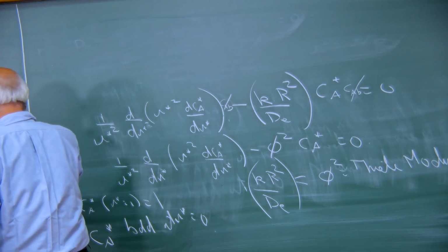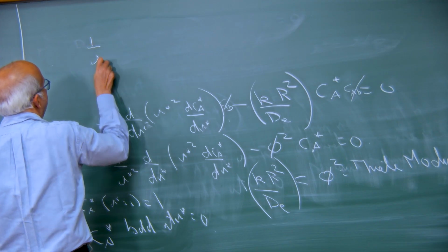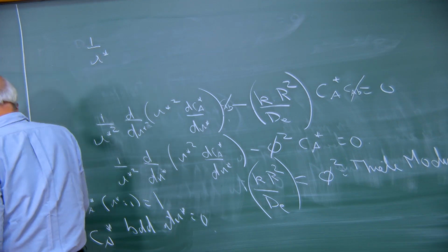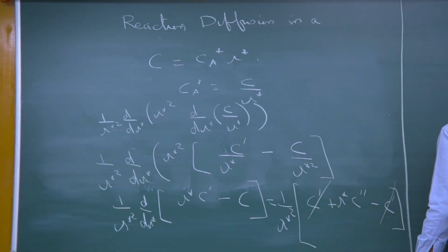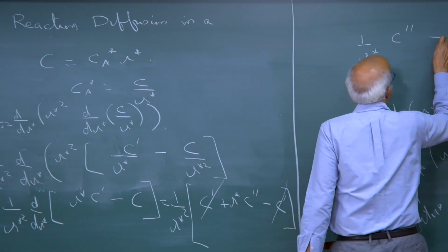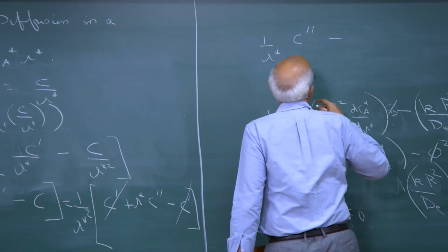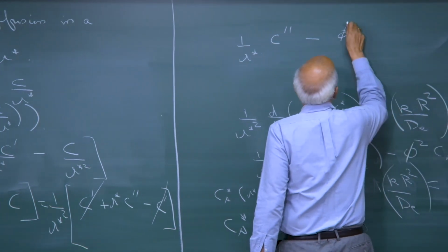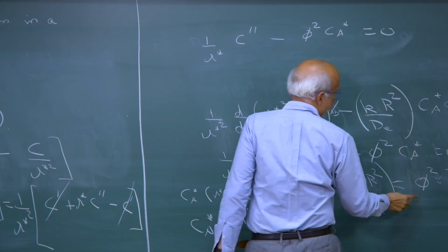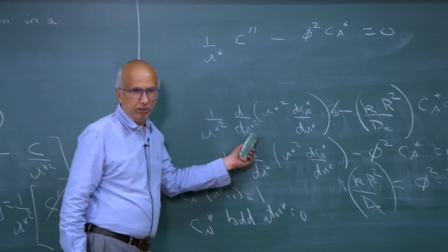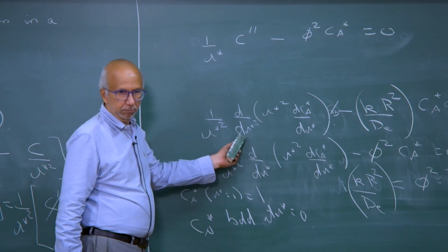So, second derivative term becomes 1 by R star, this square here and this R star times C double dash minus phi squared CA star, that is the other term. I only substituted for the term here. Okay.